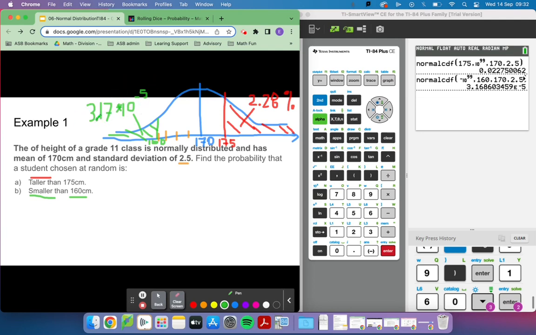So the decimal value, if we remember, we're going to go 1, 2, 3, 4, 5, and that's where the decimal goes. So we have 0.0000317. So either you can leave your answers as a decimal form, which is fine, or you can leave it as a percentage form.